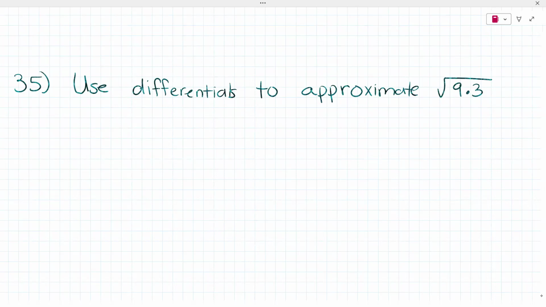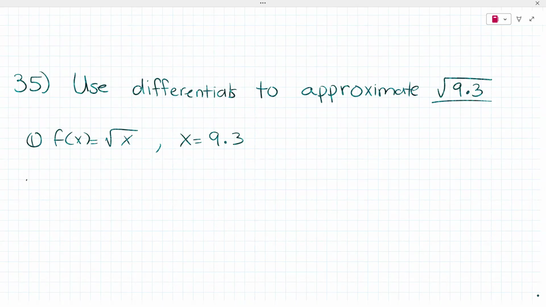So first, what would be our f of x? I believe our f of x is going to be square root of x, right? And then I believe our x is going to be 9.3.